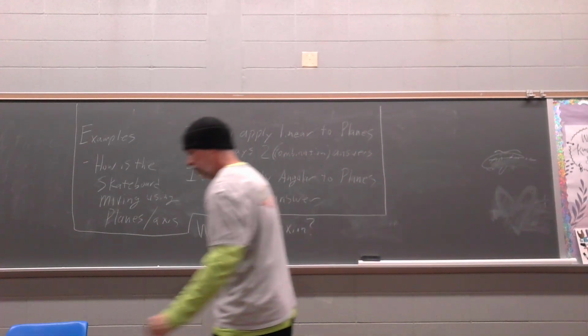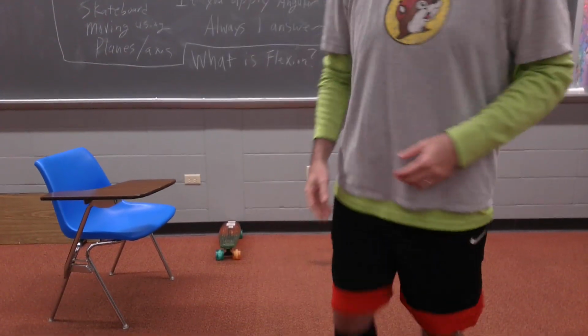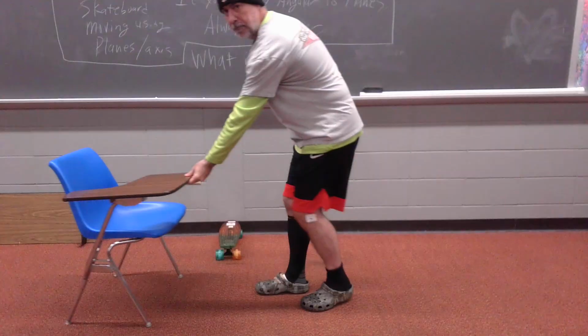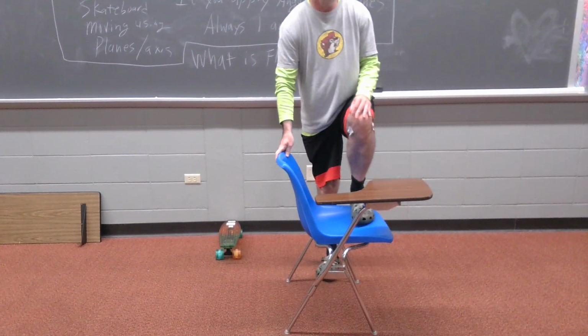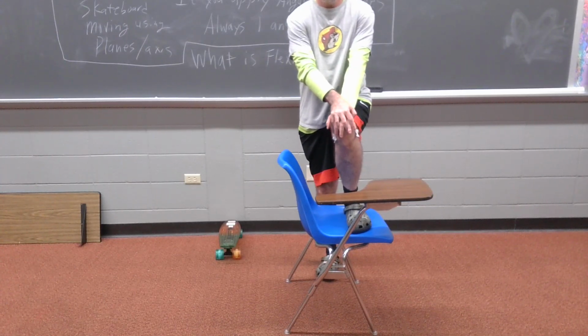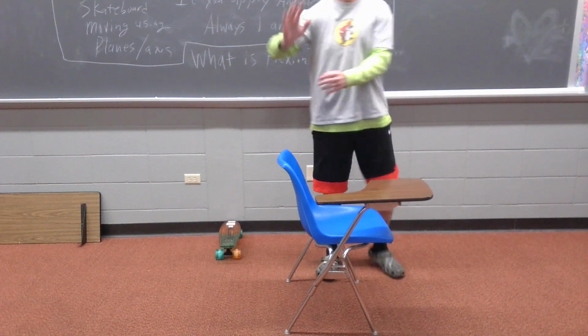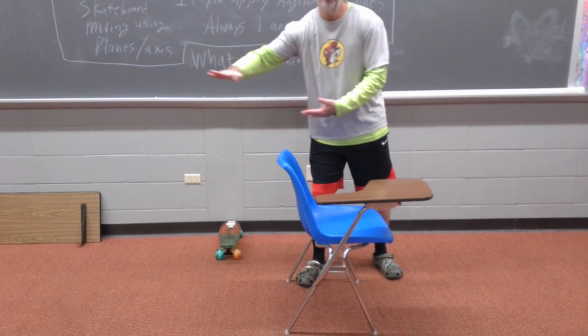For instance, if I take this chair and I slide it, I move it linearly, right? And I ask, what plane was that motion in? Some of you might say frontal. And some of you might say transverse.